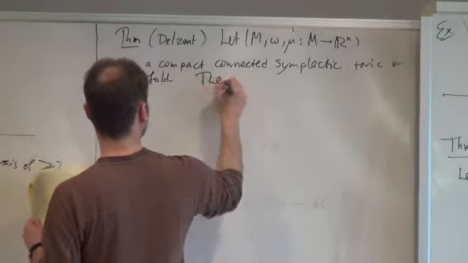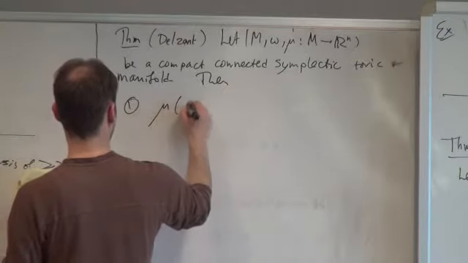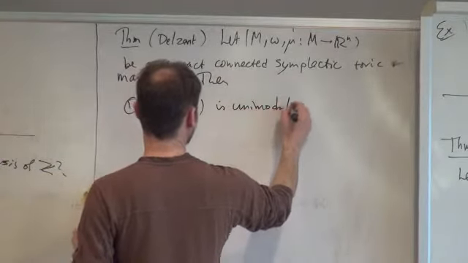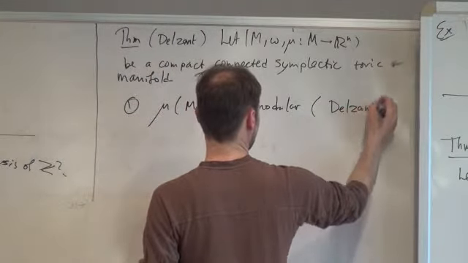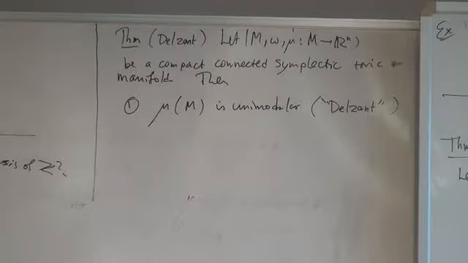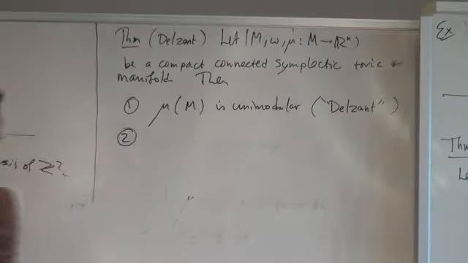Then, first of all, mu of M is unimodular, also called Delzant, but not by Delzant. And two, that's pretty much all there is.